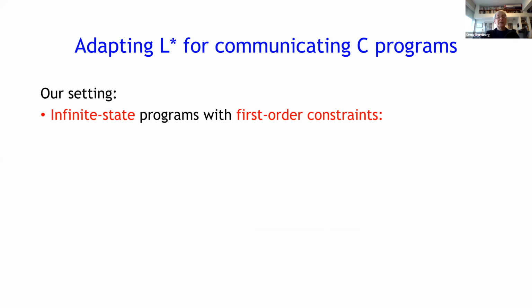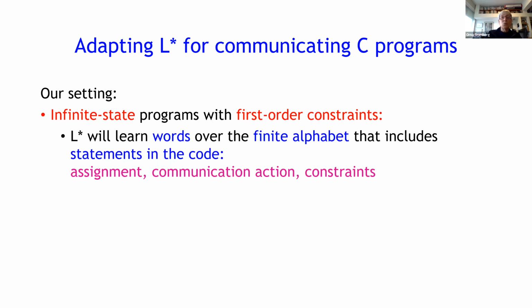We actually have infinite state programs with first order constraints, so it's not so clear how to restrict ourselves to a finite alphabet, but what we do is we just learn statements. We actually learn how the program should look like. So the alphabet consists of assignments, communication actions and constraints.